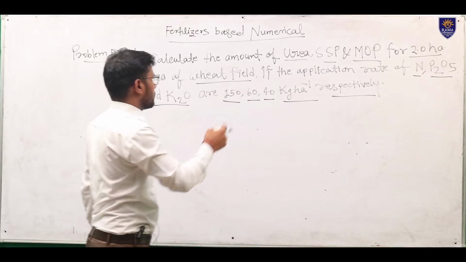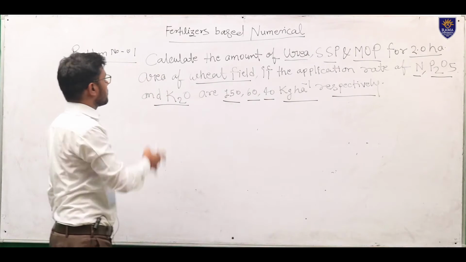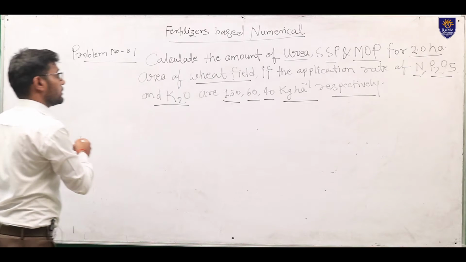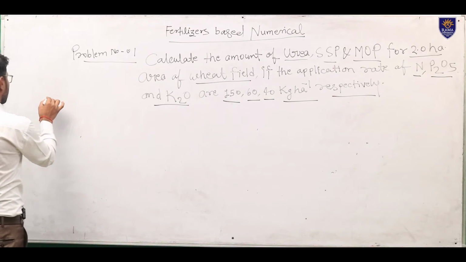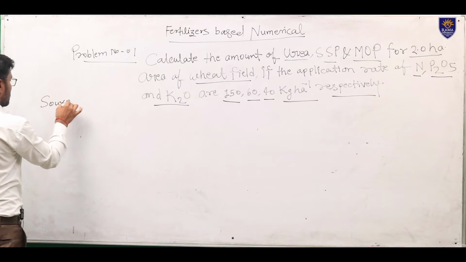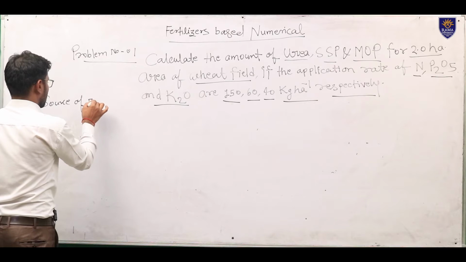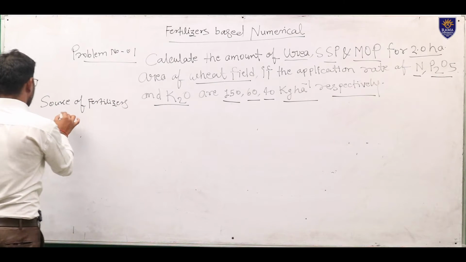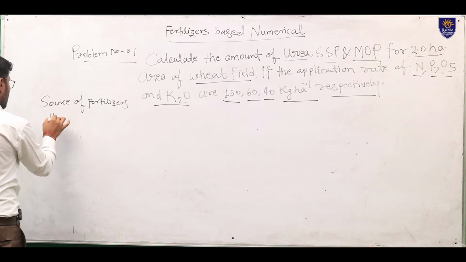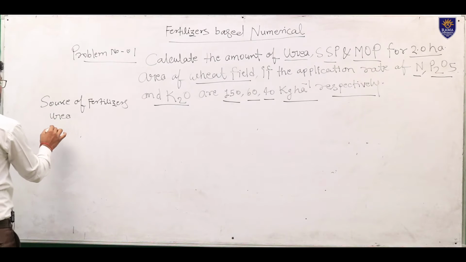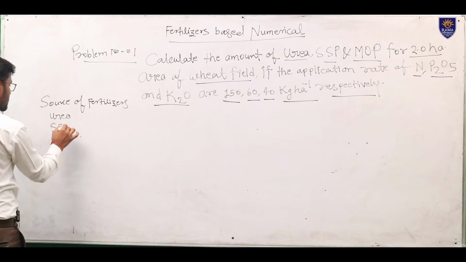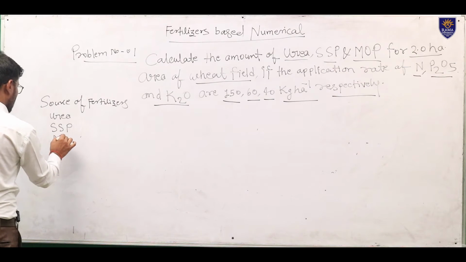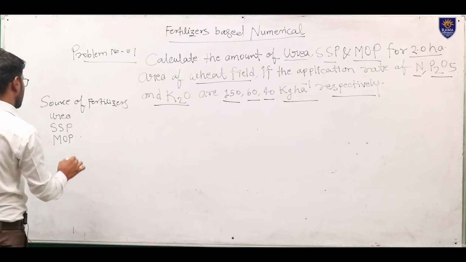So here, before calculating such types of numerical, we first write the sources of the fertilizers. The sources of fertilizers are urea, secondly SSP, meaning single superphosphate, and third is MOP, meaning muriate of potash.